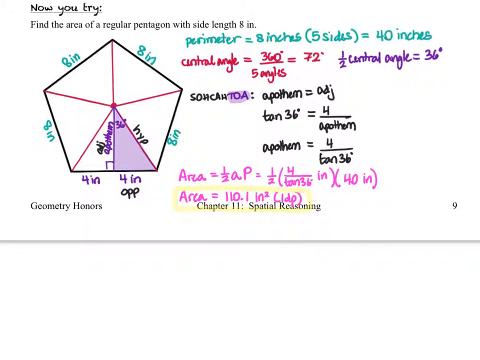So finding the area of our regular pentagon with side length 8 inches is definitely a multi-step procedure to be able to use the area formula that uses the apothem. However, once we use a little bit of our prior knowledge to find the length of the apothem and the perimeter, it's actually very straightforward.